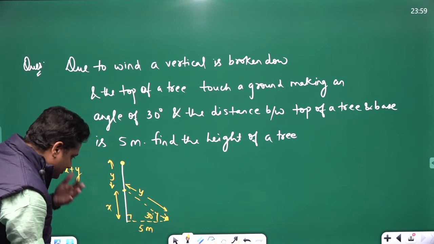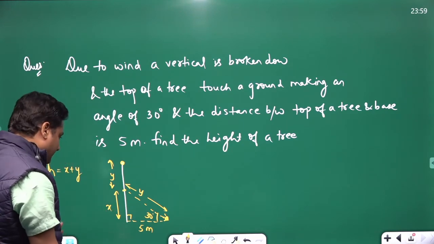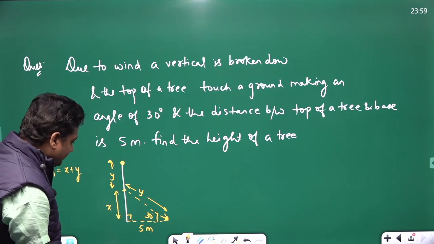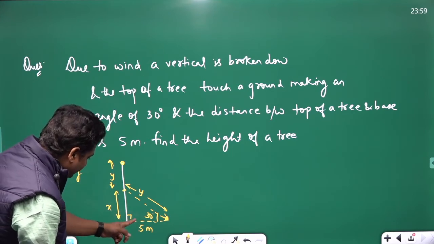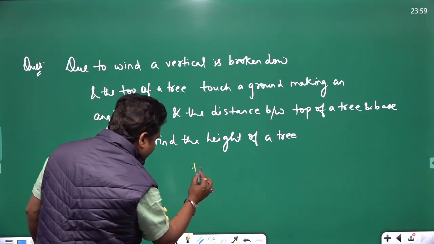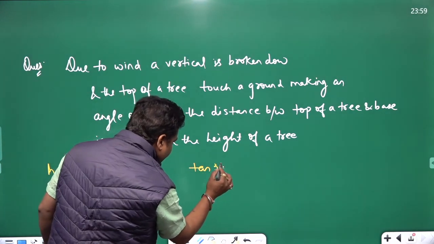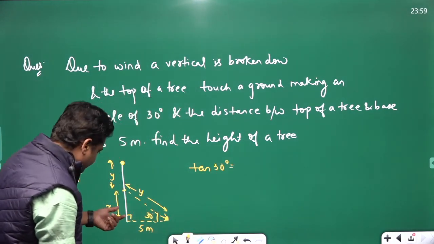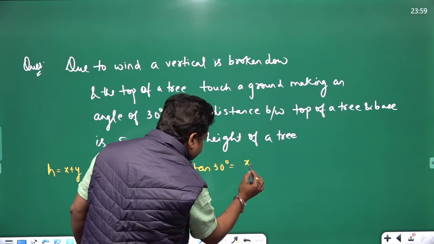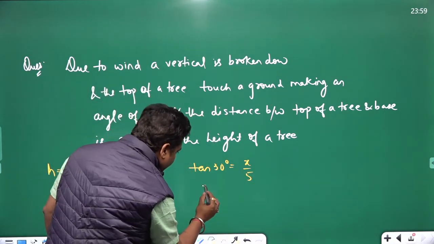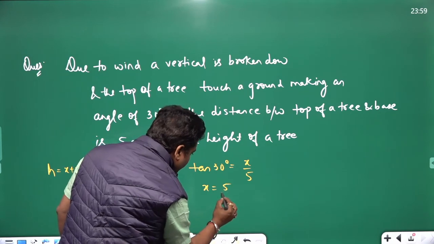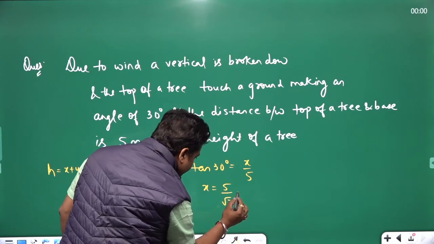Okay. So how are we going to calculate x and y? First of all, we will apply trigonometry. For getting x, we can apply tan 30. So tan 30 is equal to x over 5, and the value of tan 30 is 1 over root 3. That means x is equal to 5 over root 3.